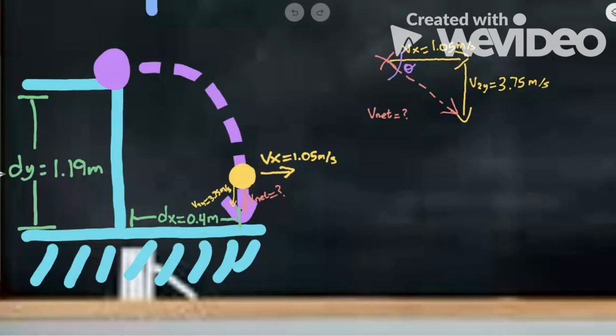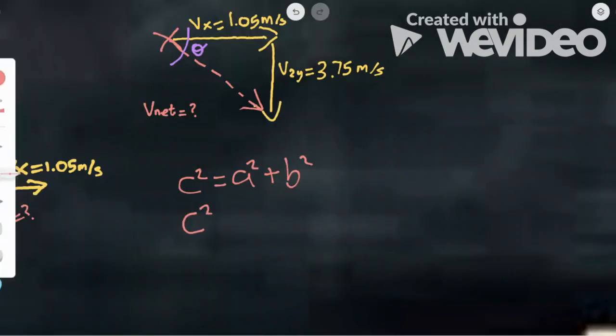What we have left to find is our net velocity. We can find our net velocity using a combination of Pythagorean theorem and trigonometry. Using the Pythagorean theorem will give us the magnitude of our net velocity. So we have c squared is equal to 1.05 meters per second squared plus 3.75 meters per second squared.